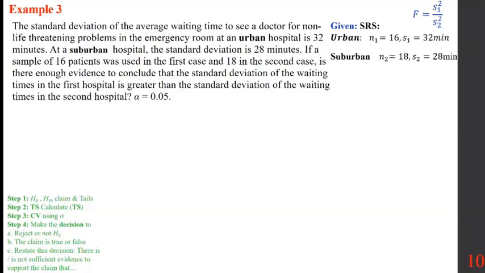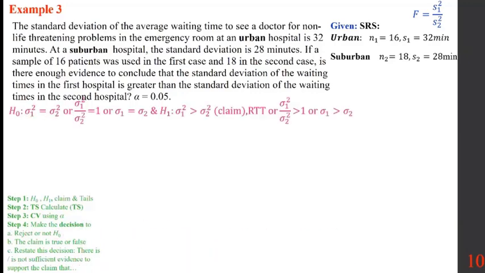Alpha is 0.05. That means when we want to look up that table, use the table with alpha 0.05 for the F distribution. And so how do we write H0 and H1? You use this one. However, if instead of that you use this one, then you should use this one along with that. It has the same meaning. Whether we say sigma 1 squared equals sigma 2 squared, or sigma 1 squared over sigma 2 squared equals 1, is the same thing.